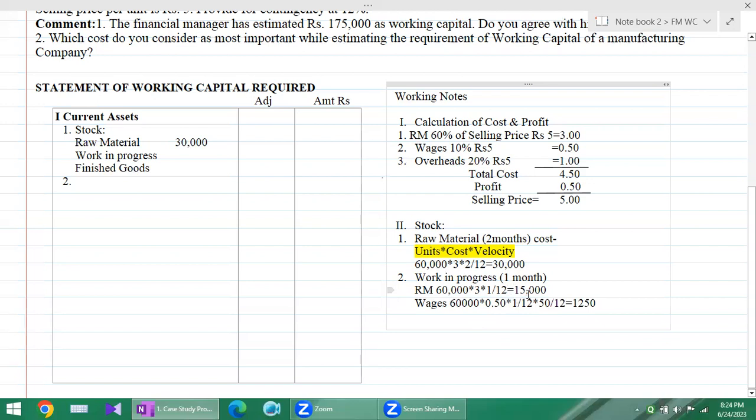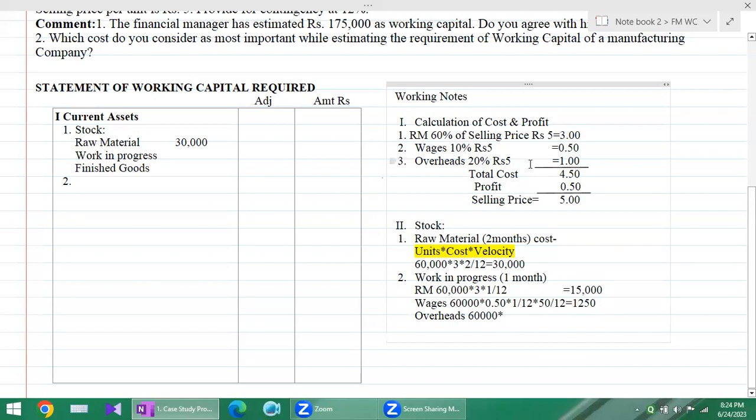I'll take it here, so that we can make the total of this third one. What is the third one? Overheads. Overhead again, take it as 60,000 number of units. 60,000 multiplied by what is the cost of overhead?